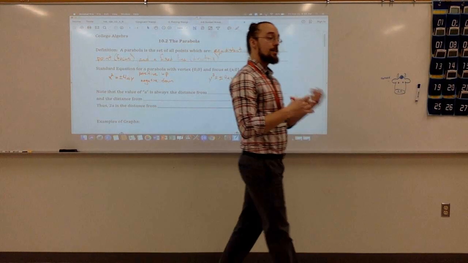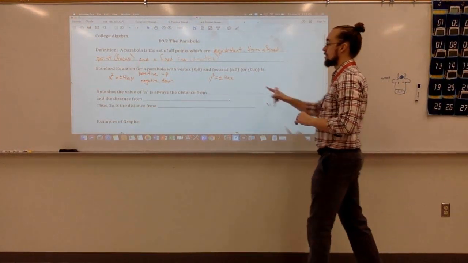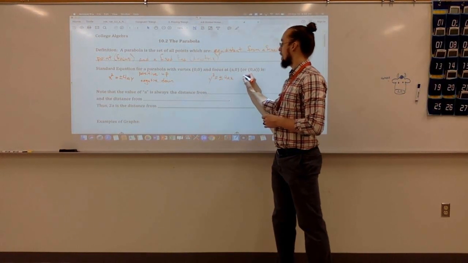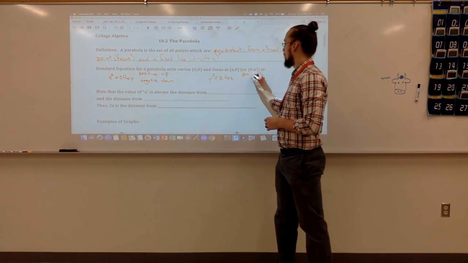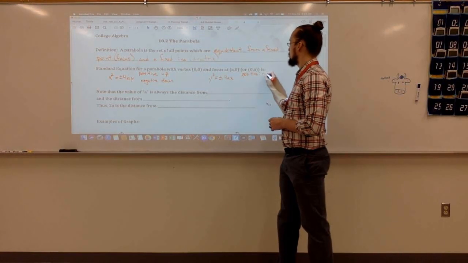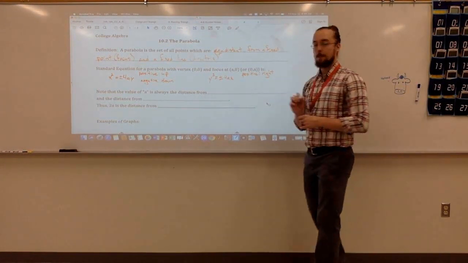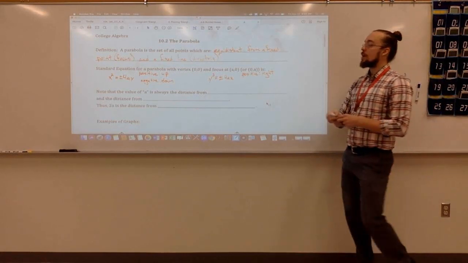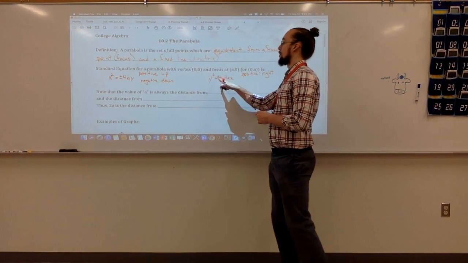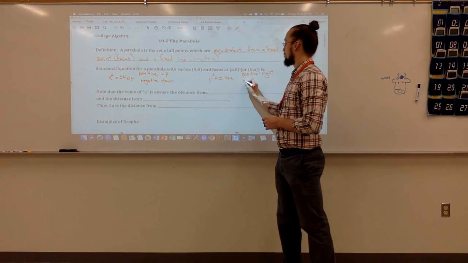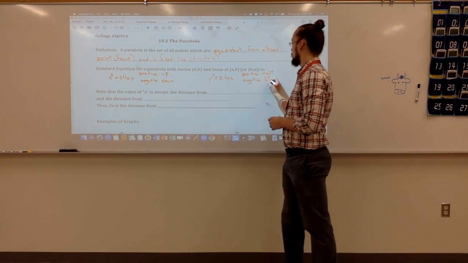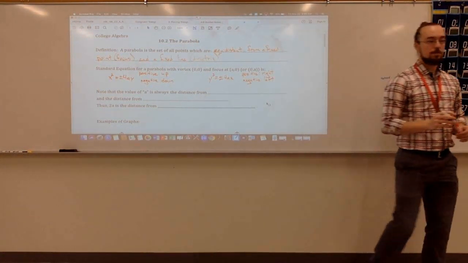If y is the variable that's squared and the right side of the equation is positive, my parabola is going to open to the right. It'll be a sideways parabola like this. If y is squared and the right side is negative, my parabola is going to open to the left.